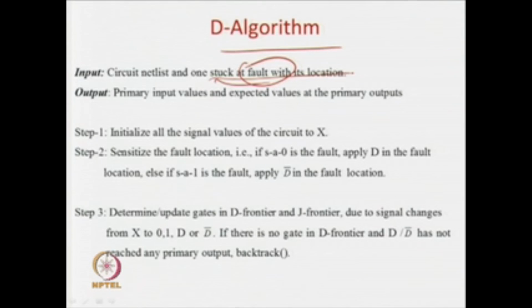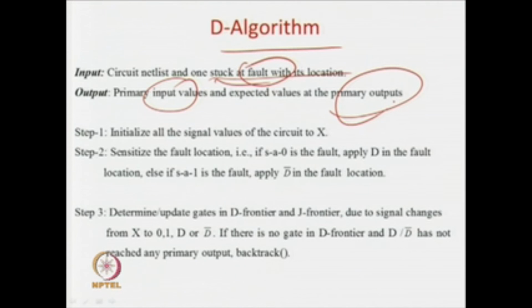So, we will have a circuit with a fault, and what is the output of the D-Algorithm? The D-Algorithm will tell which primary input values will sensitize the fault and drive the fault effect to the output, that is, this input value can test the fault. It also has to tell what the expected value of the primary output is; if that expected value is not there at the primary output at that time, then the fault is there.